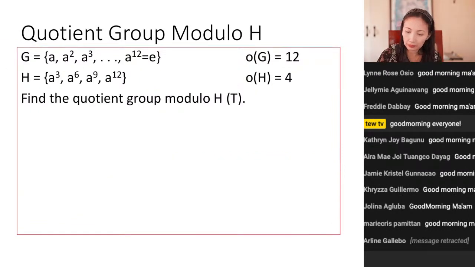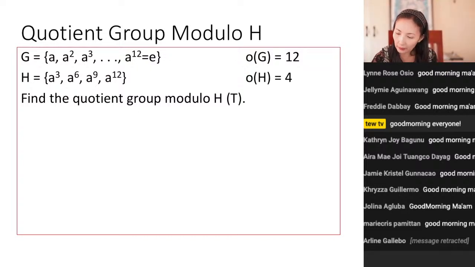Next, how about if this is the question? Okay, we now consider the same cyclic group of order 12 generated by A. This time, H is A cubed, A to the 6, A to the 9, A to the 12. Okay, look at this. The order of G is 12, the order of H is 4. 4 divides 12.